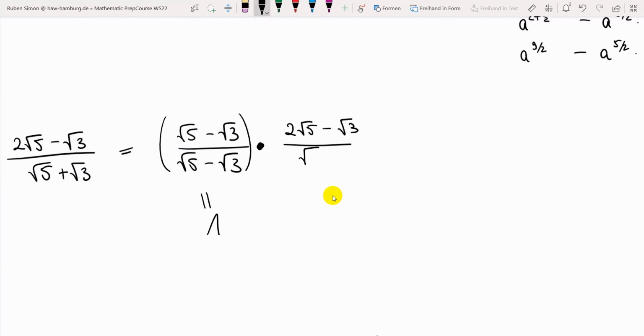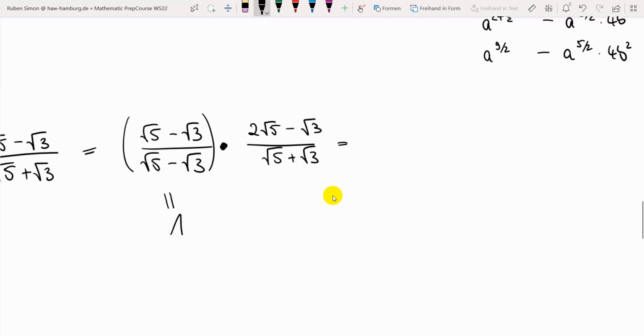If you do this to your original term, it will not change its value. So this is going to be the same as before. That's why it's equal. You just multiply this fraction to your original fraction.